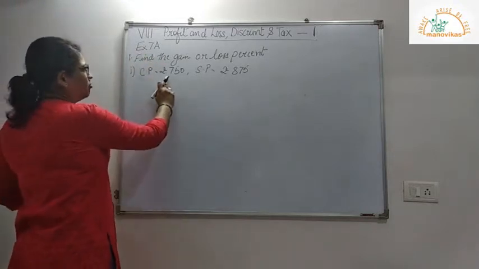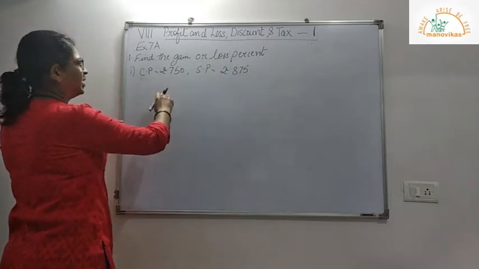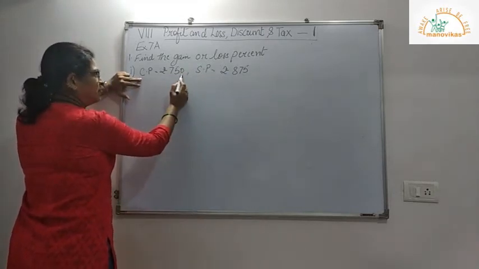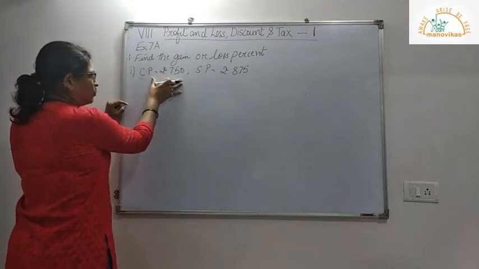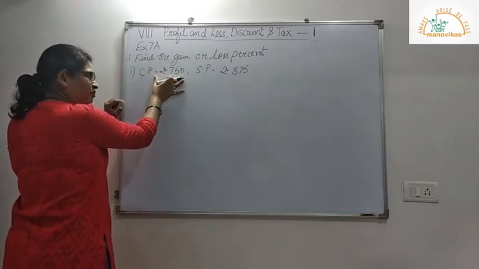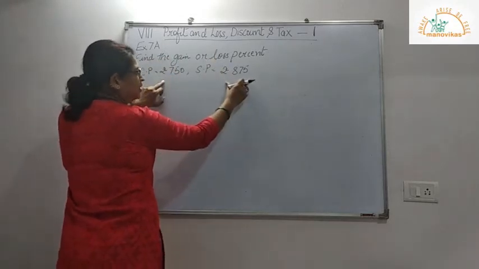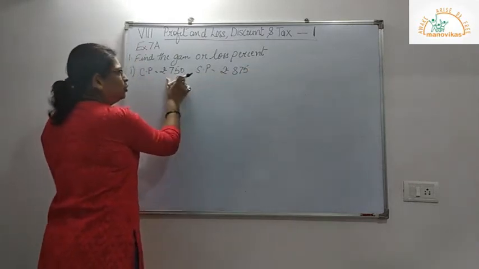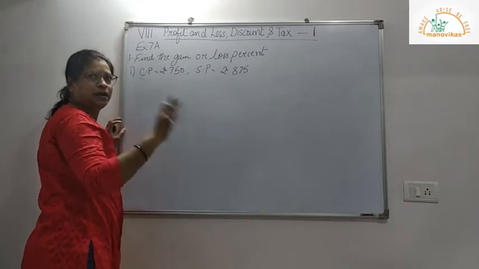First let us find if it is a gain or a loss. The cost price here is 750. So a person has bought the article for 750 and he has sold the article for 875. Looking at the figures only you can make out that it is a gain.